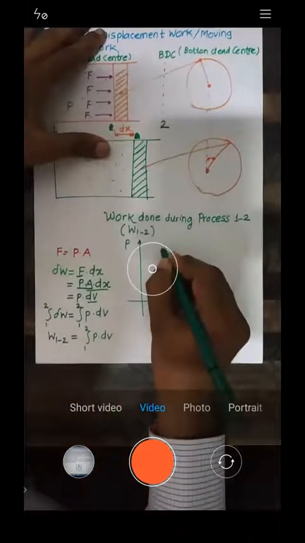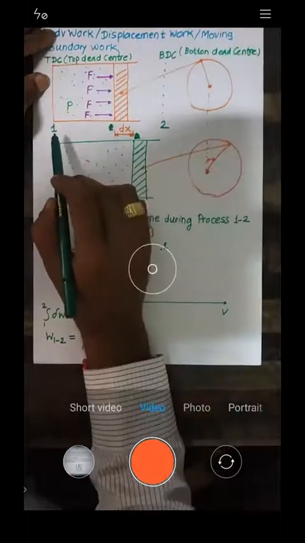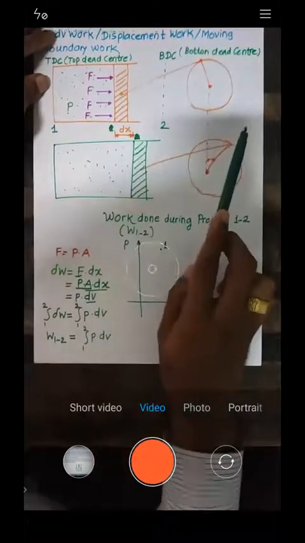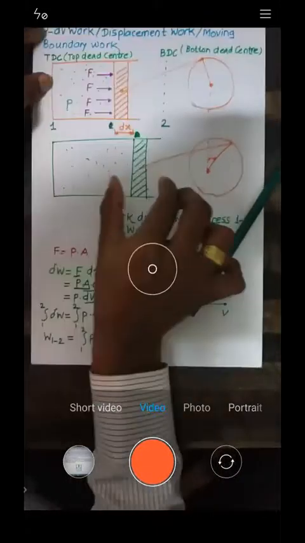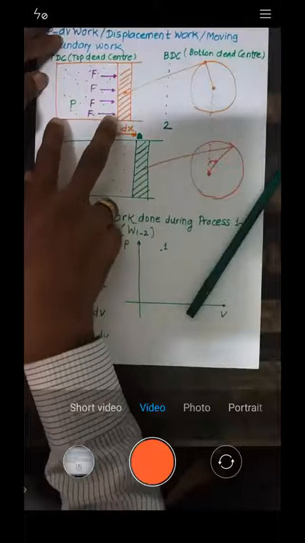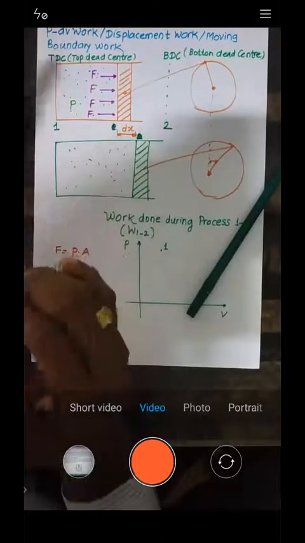This is the initial point, the initial point is 1. From point number 1, you can see there is an expansion. You can see the piston is moving to the right hand side. When the piston is moving to the right hand side, its volume increases. Are you agree with this? Just see the first diagram where volume was less, and in the second diagram the volume is more.